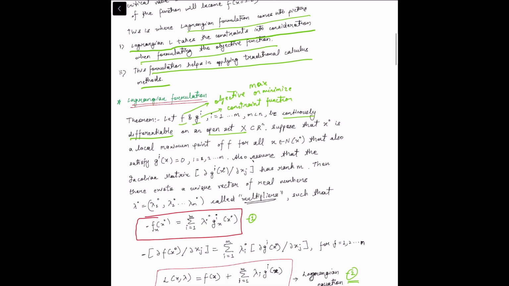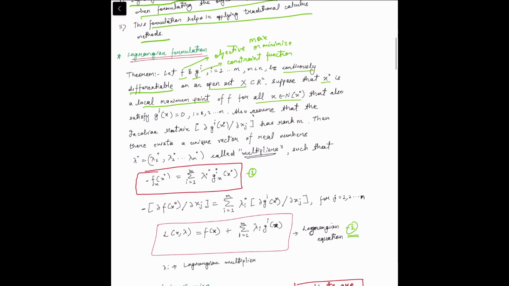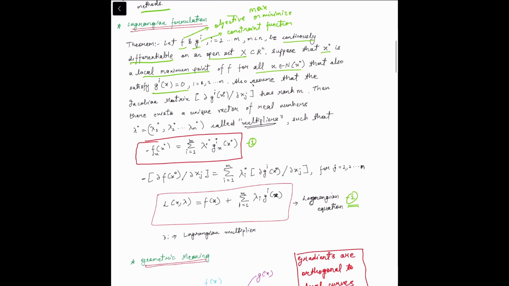Suppose that x0 is a local maximum point of f for all the x belonging to the neighborhood of x0, such that in that neighborhood g_i is also satisfied. Also assume that the Jacobian matrix of g has the rank of m.